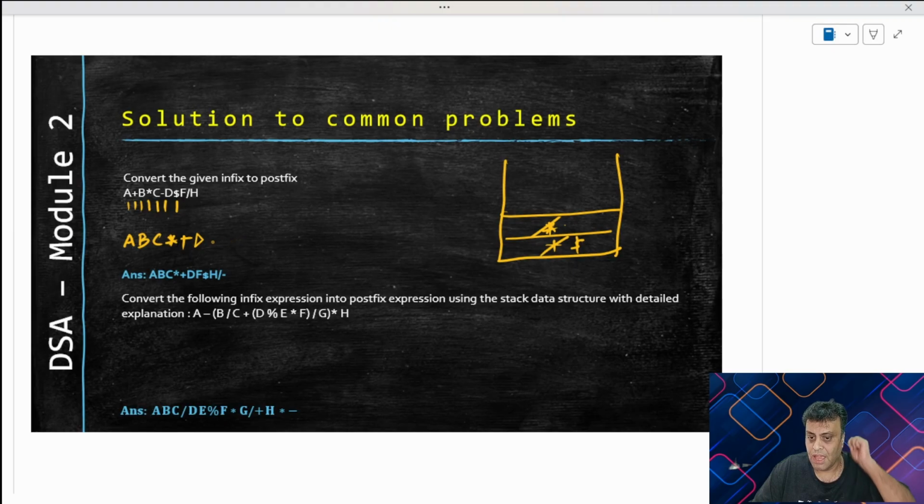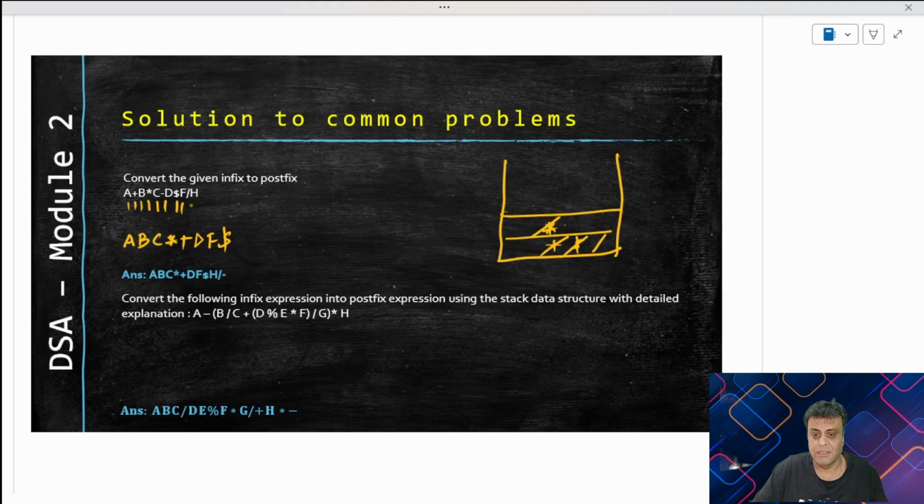Now we have F, which comes here directly, right? Then we have slash. So slash I have to put here. Can I put slash here? No, dollar has higher precedence than slash. So dollar has to be popped. If dollar is popped, it will come here, and therefore I can now put my slash here.